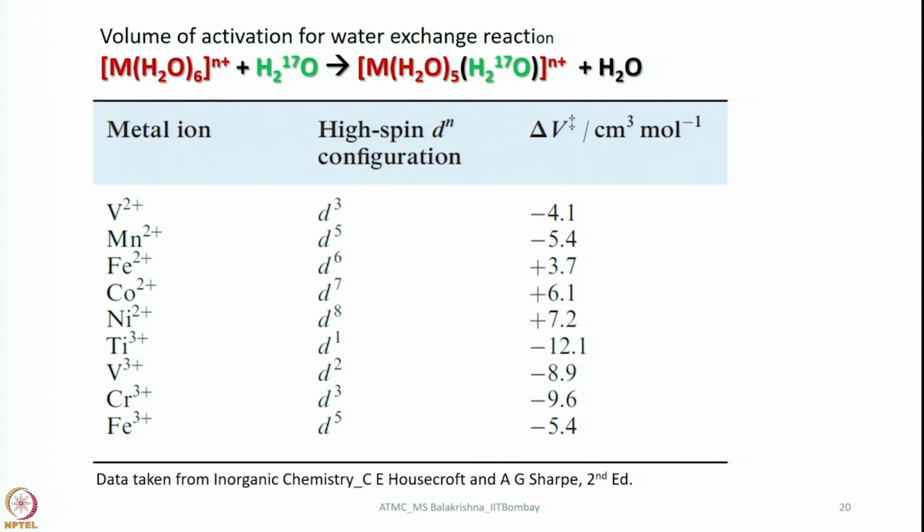For the M3 plus ions, given in the last four, the volume data suggest an associative mechanism. The data indicate that 4d and 5d metals prefer an associative mechanism, which is consistent with the large size of the metal ions, which can easily accommodate the entering ligand before the leaving group departs from the metal center.